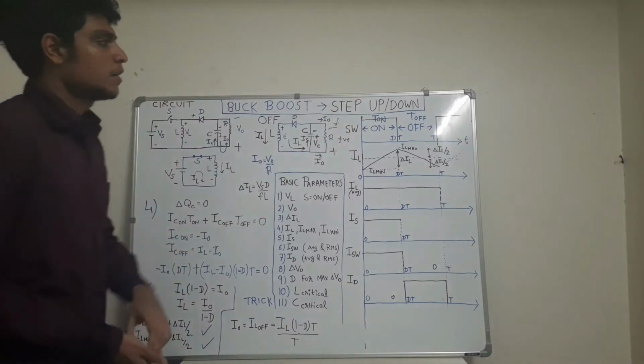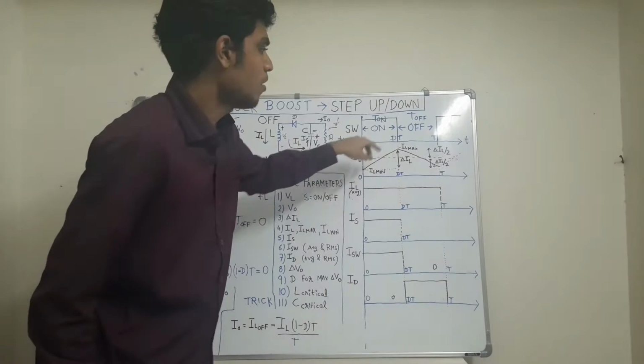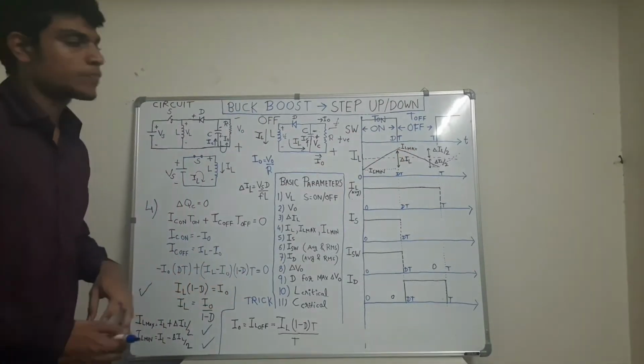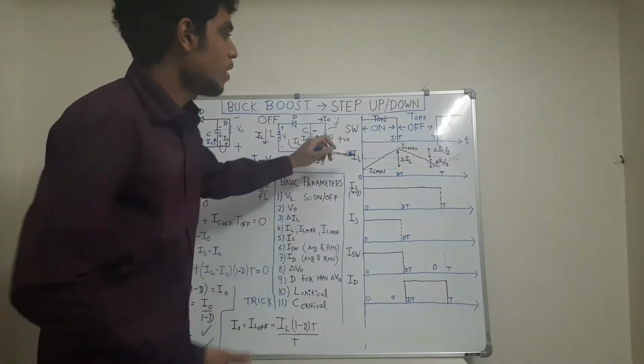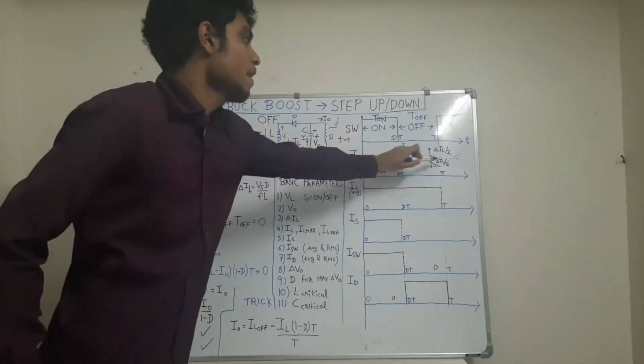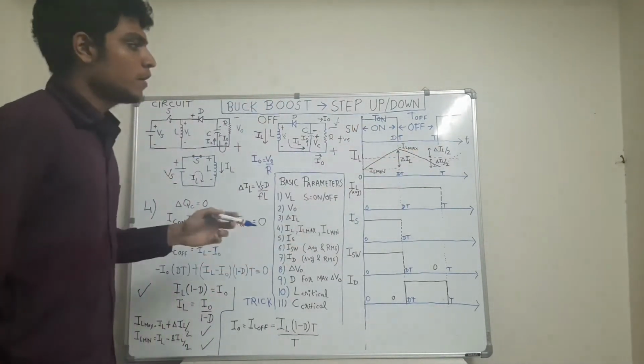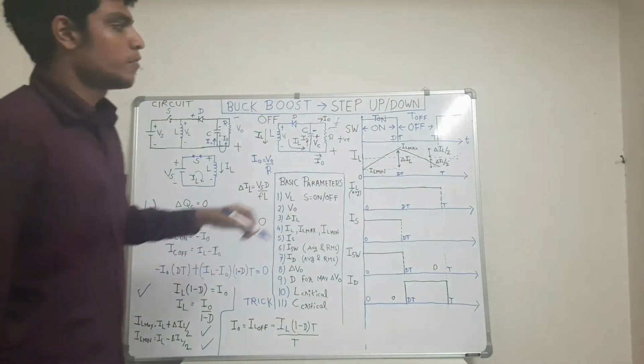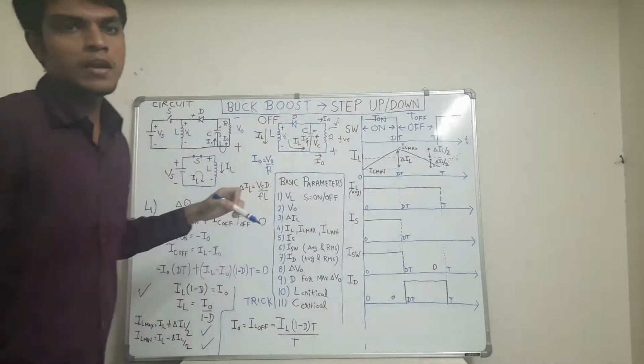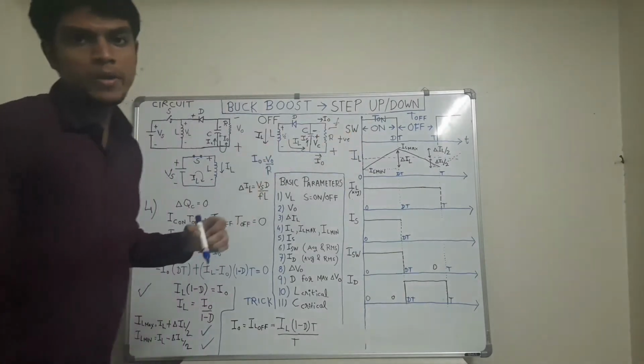Now we know that the inductor current waveform is triangular in shape. This dotted dash is the average value of inductor current over the whole cycle. For a triangular waveform, the average value is midway between its upper and lower peaks.